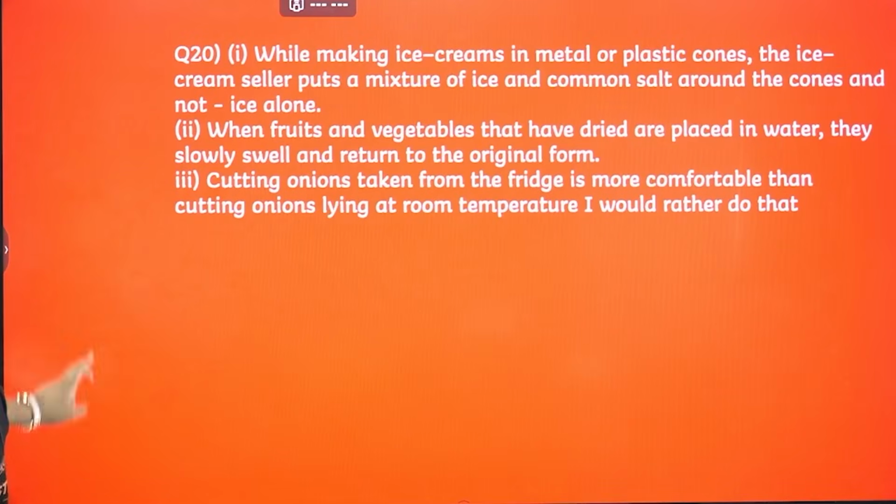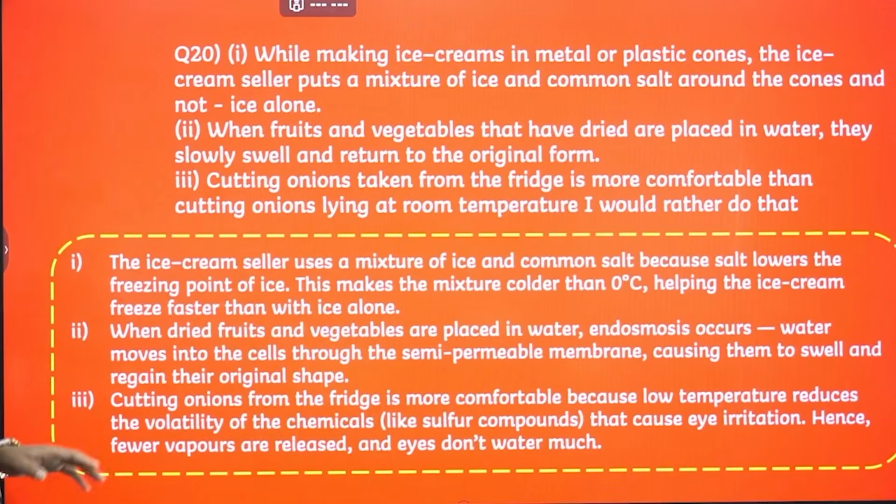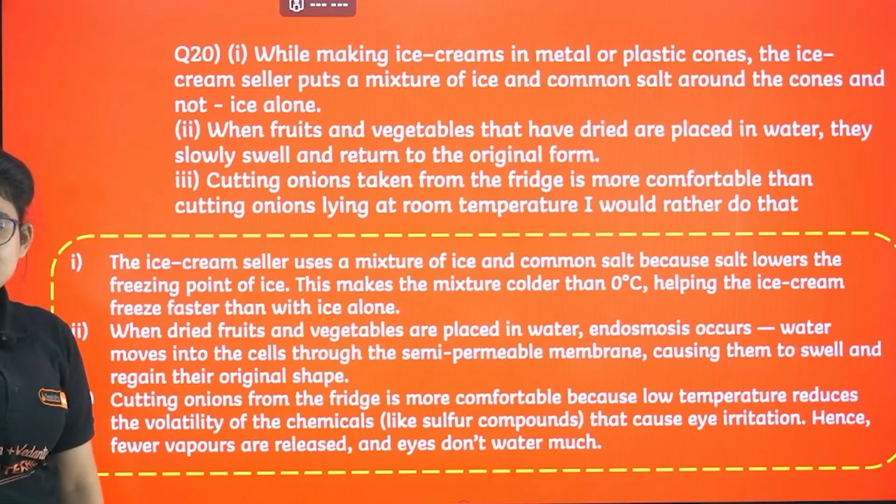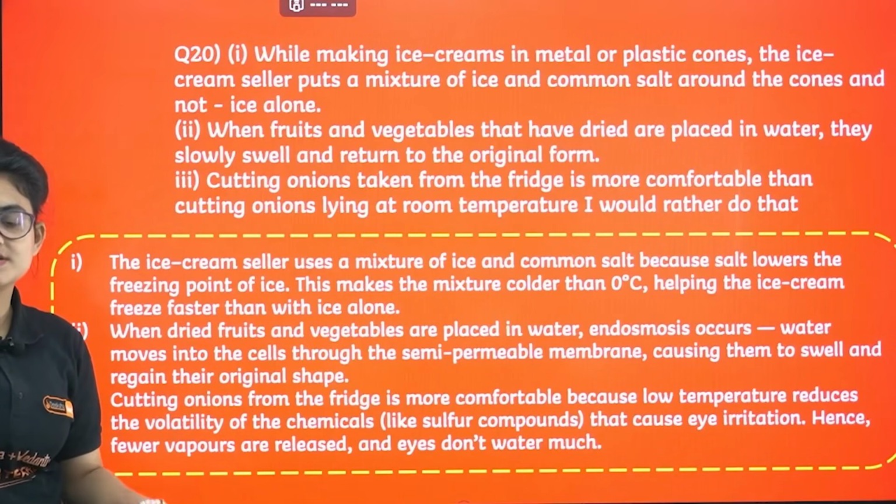While making ice cream in metal or plastic cones, the ice cream seller puts a mixture of ice and common salt around the cones and not ice alone. What's the reason behind it? Again the same thing, just to lower the freezing point.